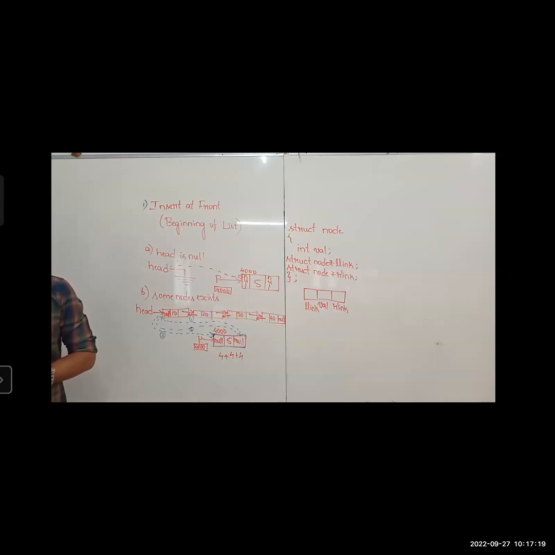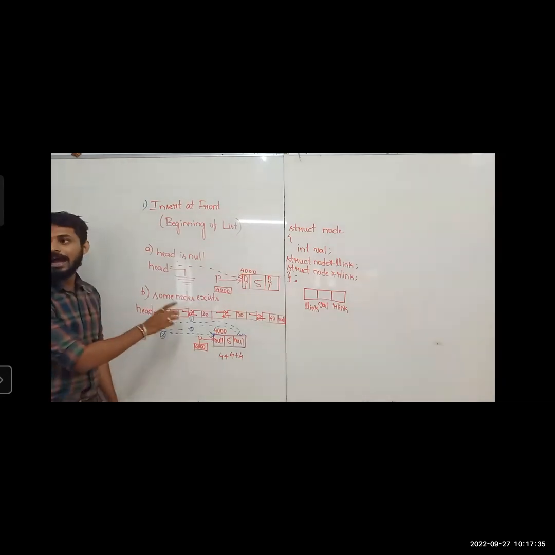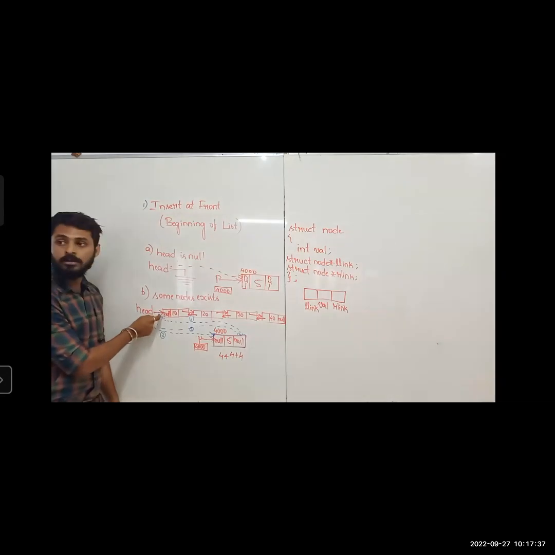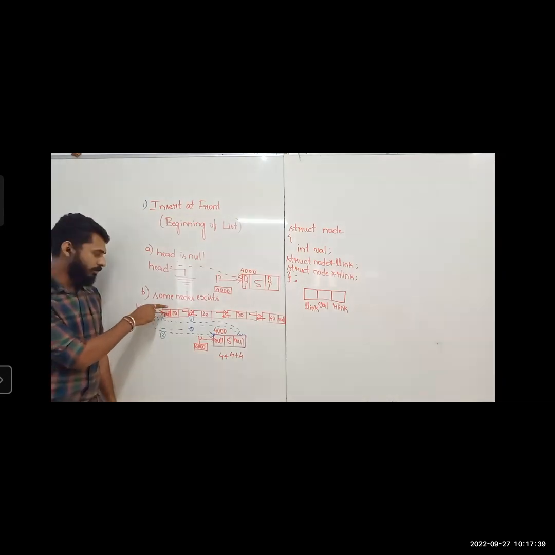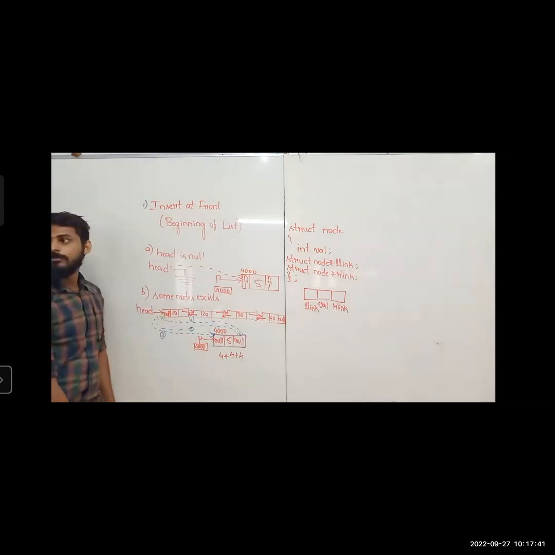Sir, can you repeat the last one? The last line. This one, 3. Yes, sir. See, 3 is nothing but this pointer. After adding this node here, where exactly should this head point to? Should it point here or that one? Because wherever head is pointing, that will be considered as the first node.